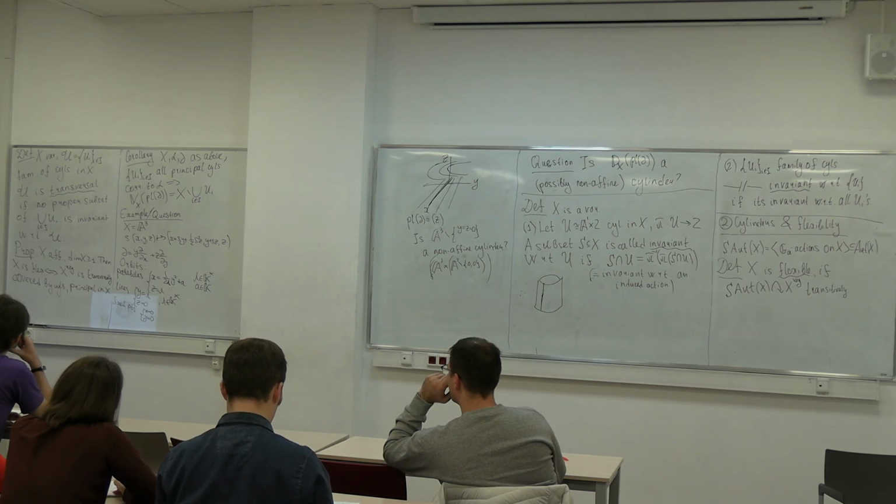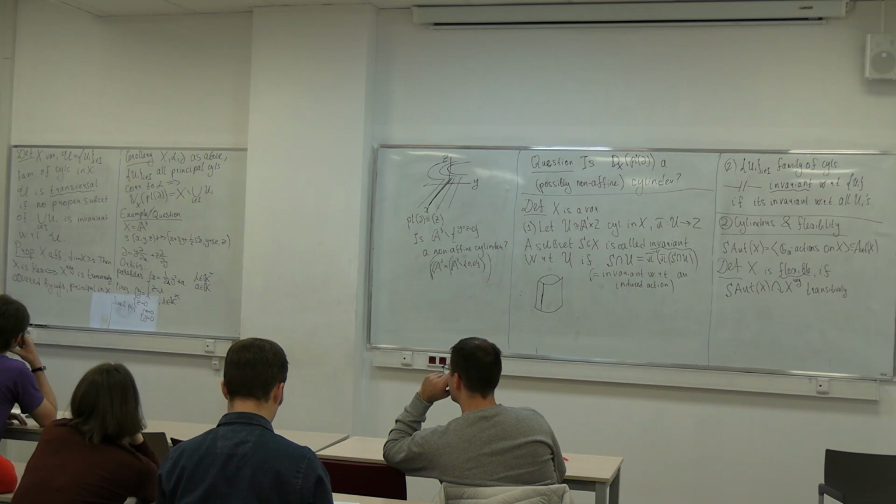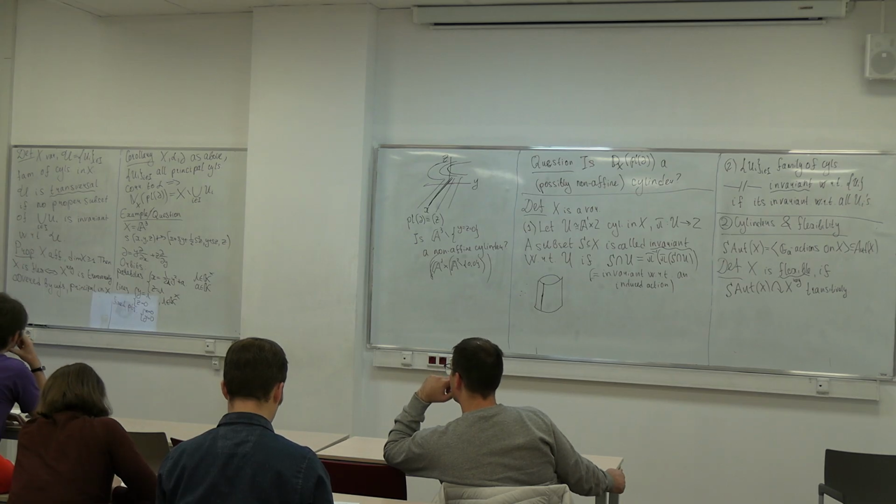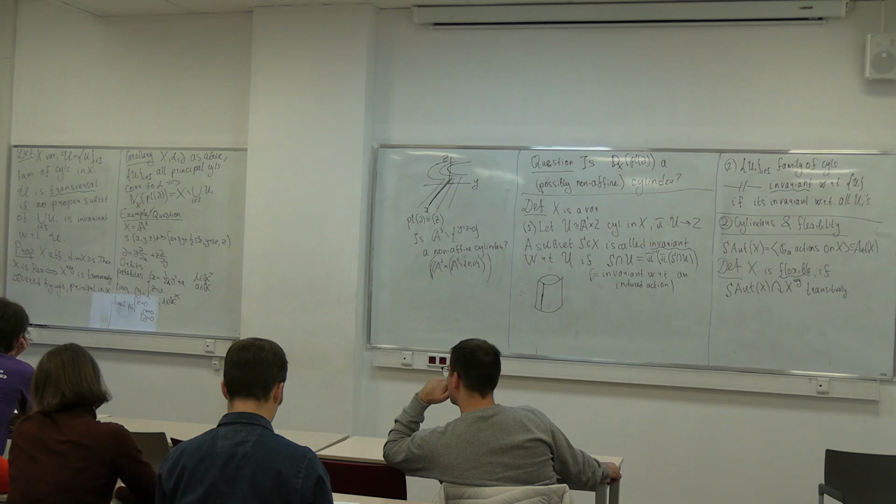Well, one direction is clear because if you have such a cover, you can consider all the induced actions, and this exactly says that there is no proper invariant subset, so that means the action is transitive on the regular locus.